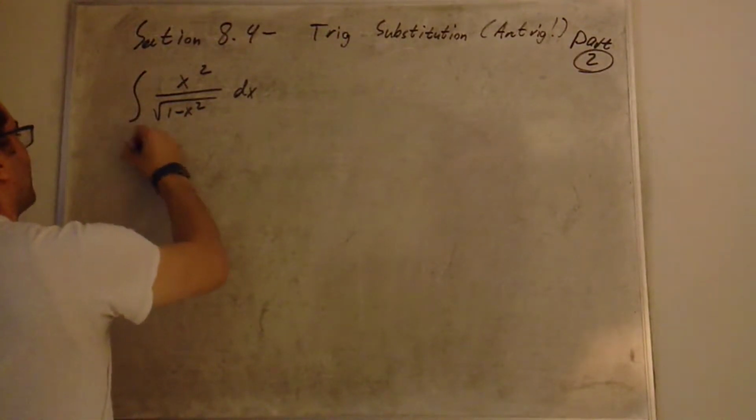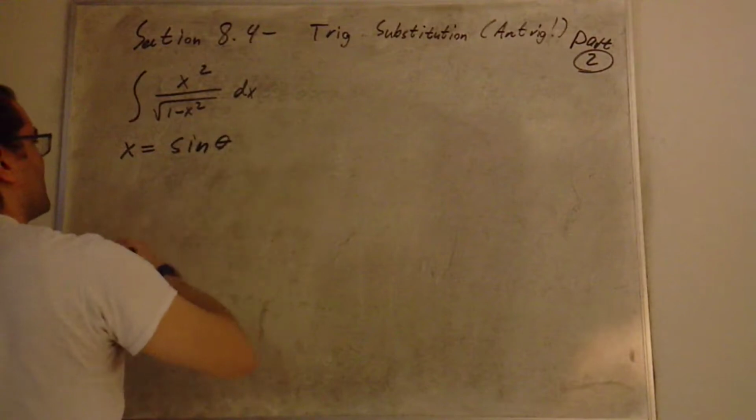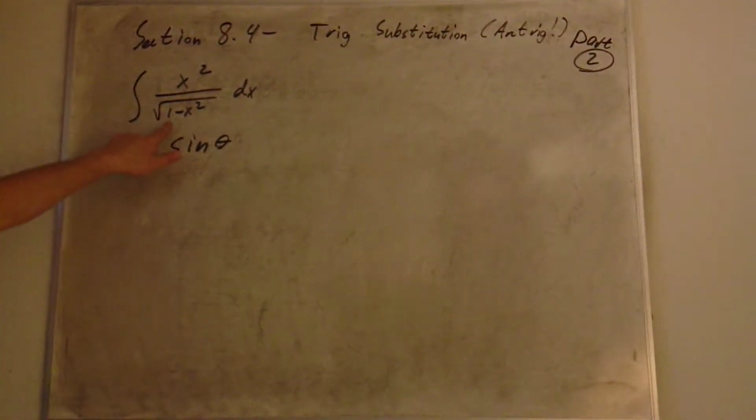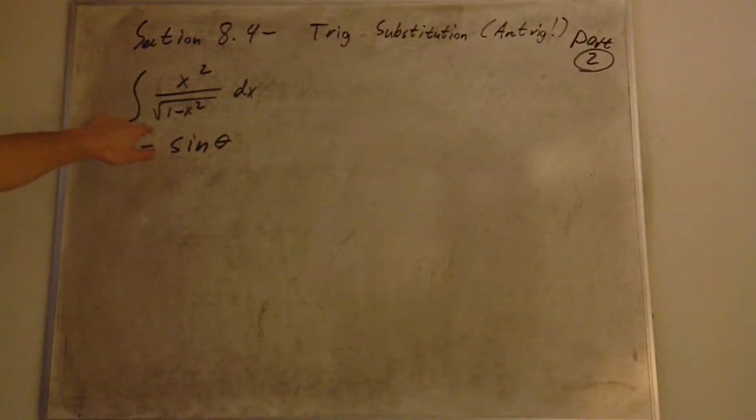Stay with me. x equals sine theta is the traditional substitution because I have a 1 here and I don't need to account for any other numbers.